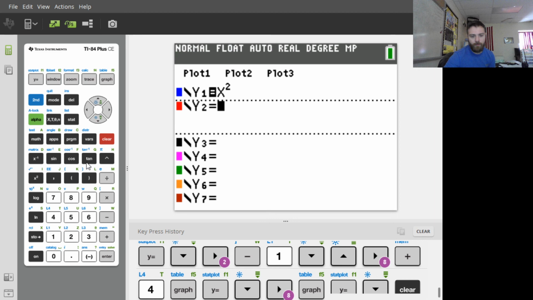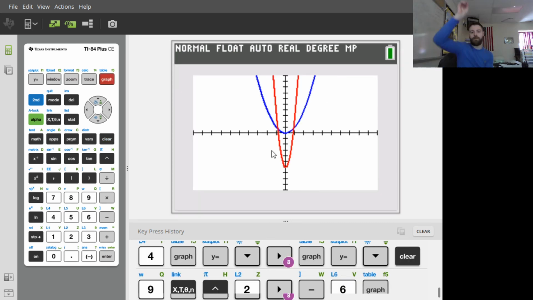Graph it, and what you'll see is that it's very, very vertically stretched by a factor of 9, and its vertex, its turning point, is down 1, 2, 3, 4, 5, 6 units. So it's very, very nice.